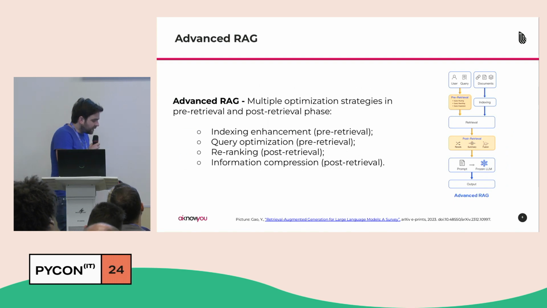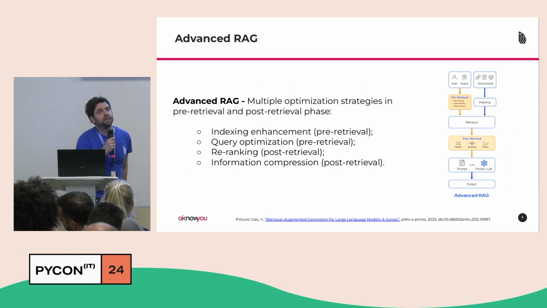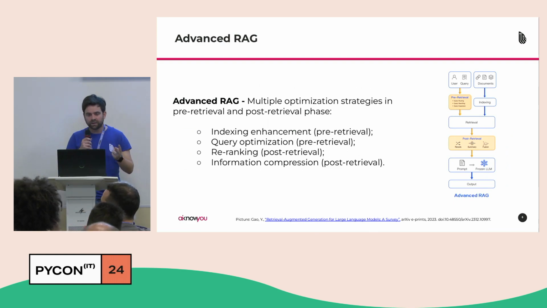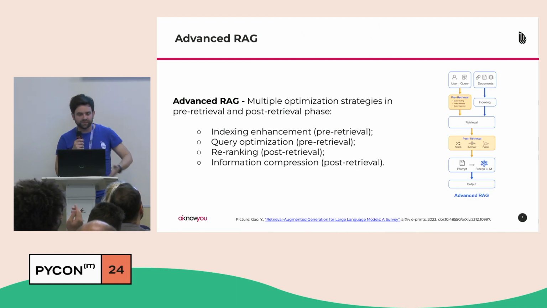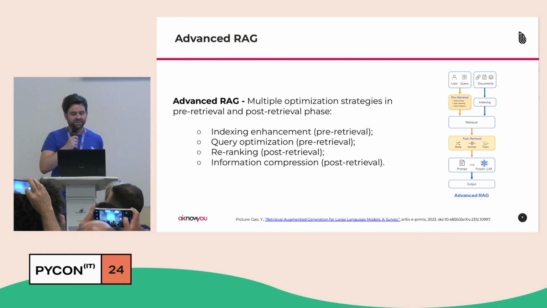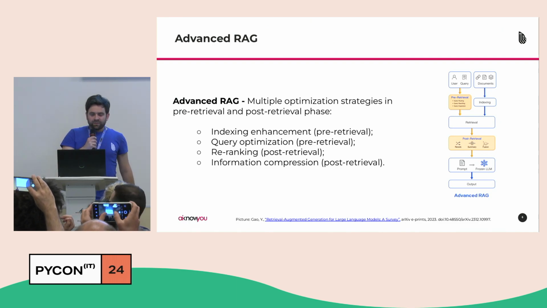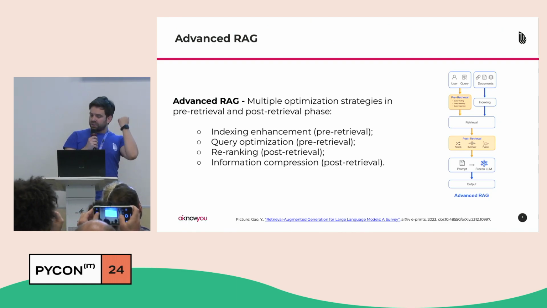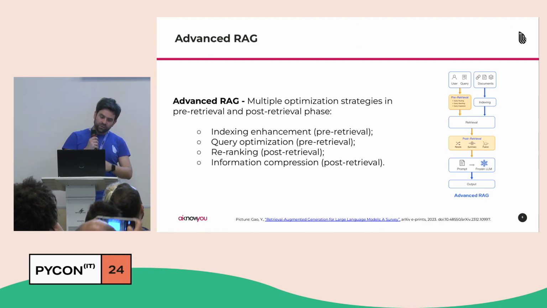So I classified the advanced RAG in two different categories. The first one is called just advanced RAG. And there have been some optimization strategies in basically two phases, the pre-retrieval and post-retrieval.